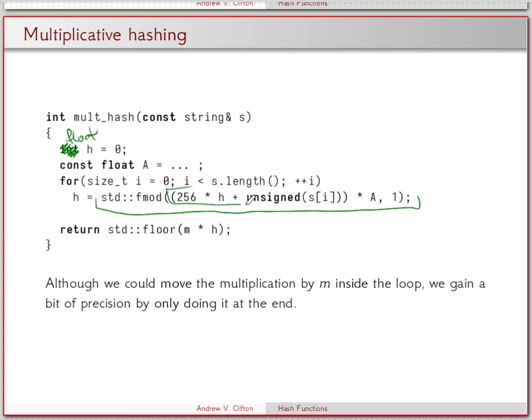This is the bit from the original base 256 part. Then we're multiplying by a, doing fmod for the frac, and then at the very end we multiply by m and round down. You could do the times m inside the loop and it wouldn't break anything, but we probably gain a little bit of precision by doing it at the very end. So that is how you would do the multiplicative hashing.